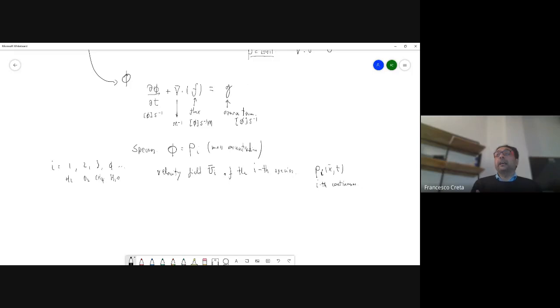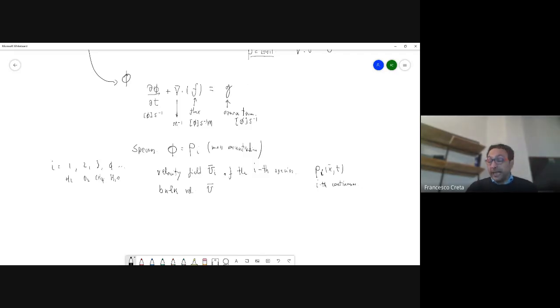But then what is the overall velocity? Well, again, there will be a difference. So we are considering essentially a velocity field v_i and then a so-called bulk velocity, which we call v.